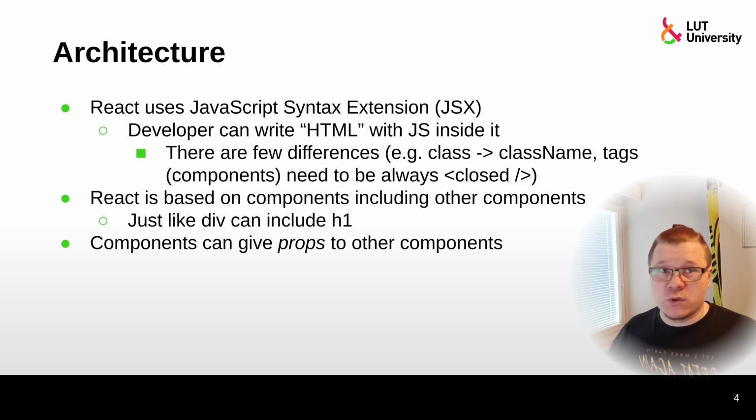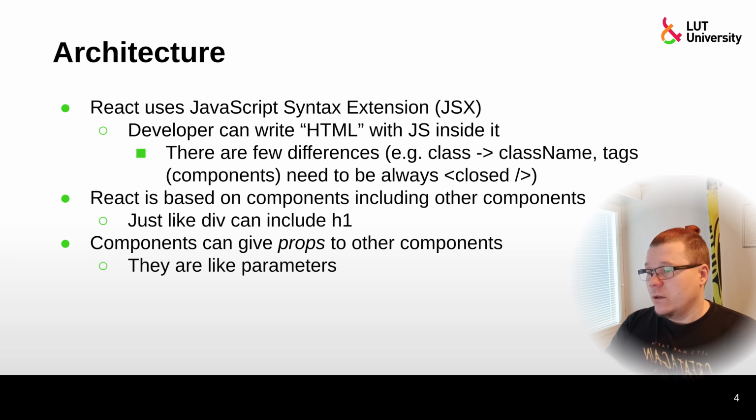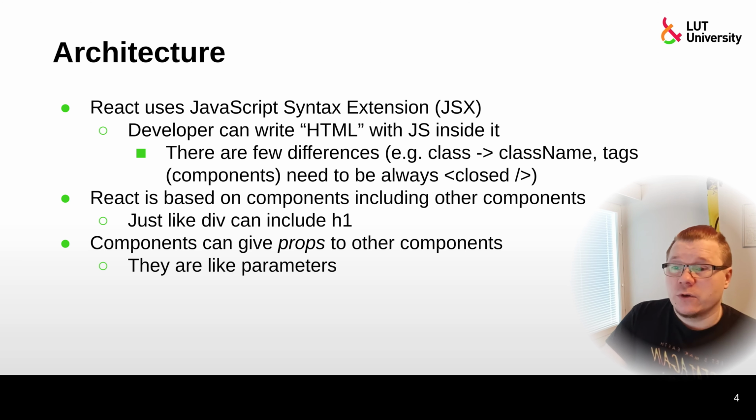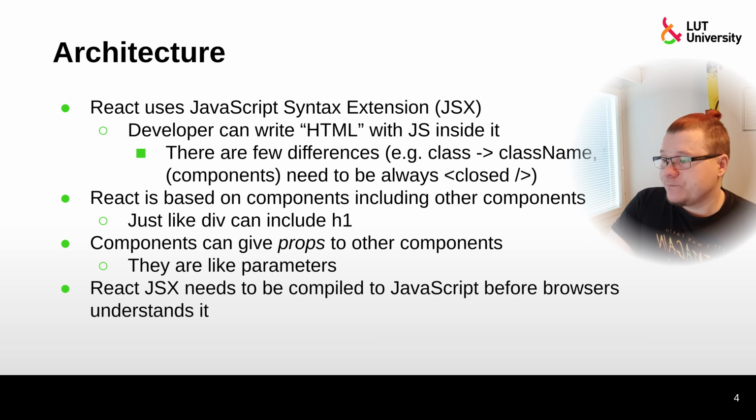So it's props that have properties. And they are like parameters. So if you are giving them to another component, you are giving like a parameter to that component. And no browser understands this JSX. So it needs to be compiled to JavaScript before browsers understand it. It removes those fake HTML and builds JavaScript that is then actually building the HTML.